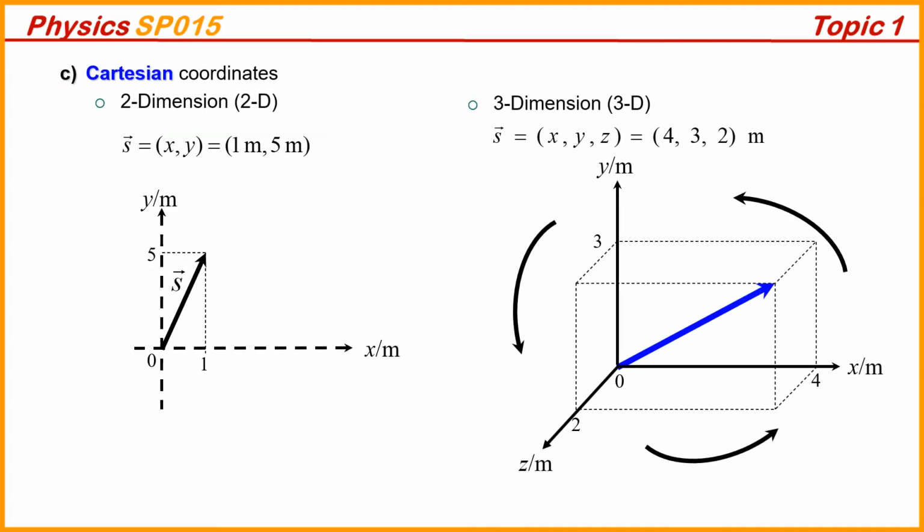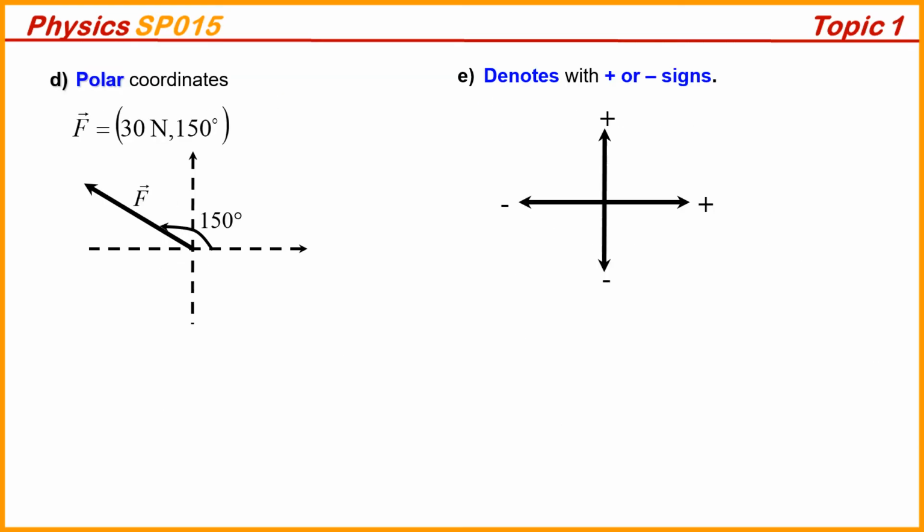By using the Cartesian coordinate, we can state the direction of a vector in 2 dimensions or in 3 dimensions. We also can state the direction of a vector using the polar coordinate as shown in the figure. And lastly, we can denote it with the positive or negative sign.